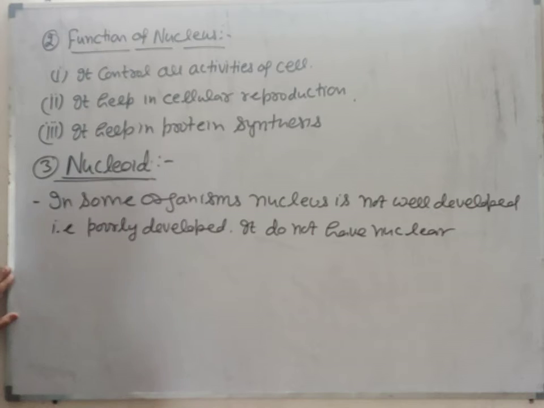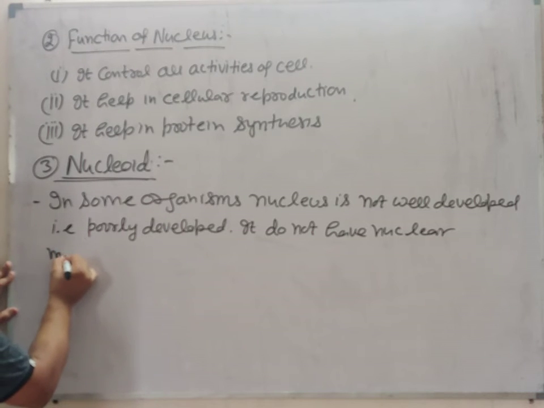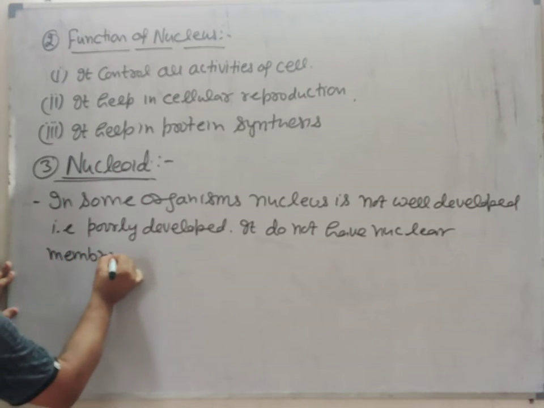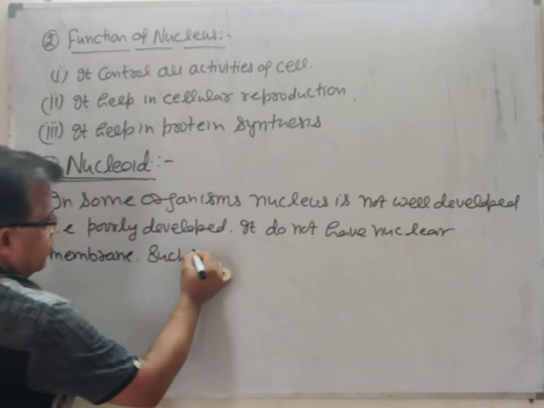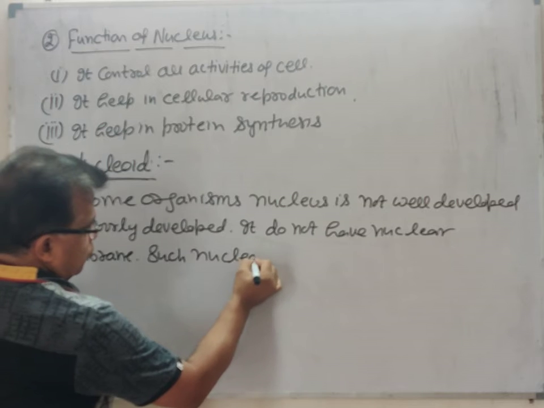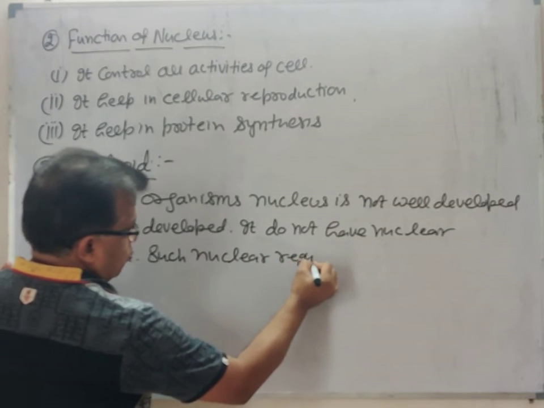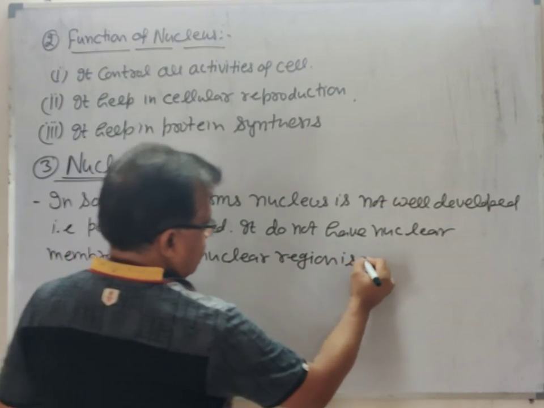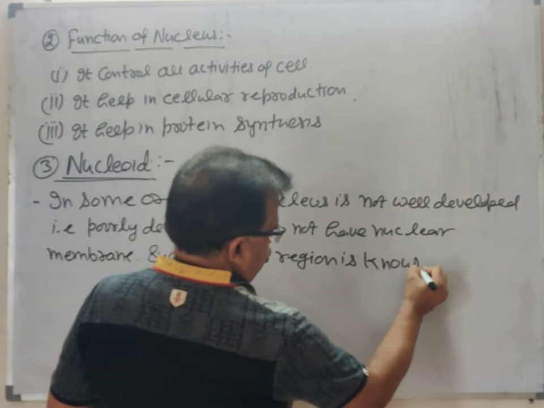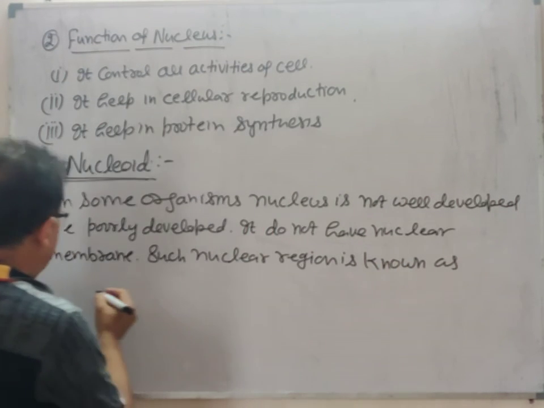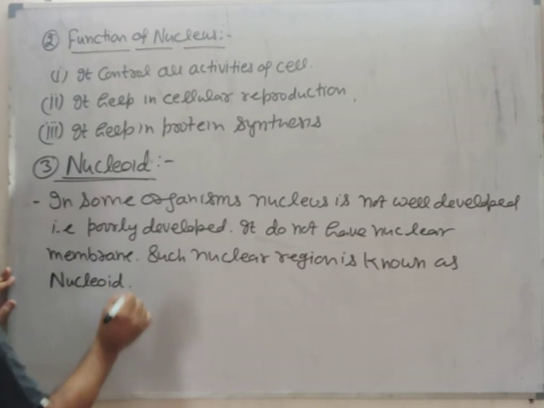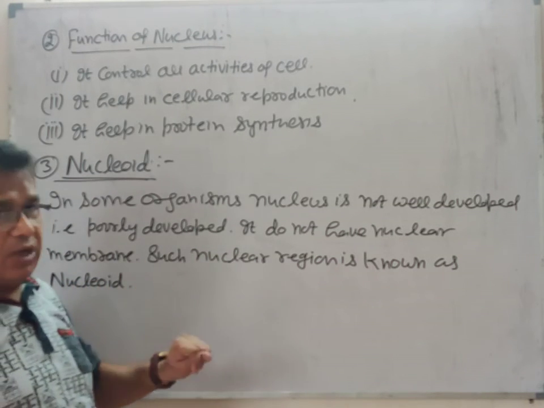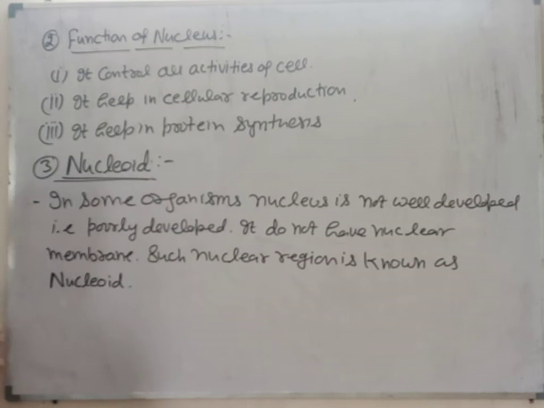Because it is poorly developed, therefore it does not have nuclear membrane. Such nuclear region is known as nucleoid. And if it is properly developed, that is it has a nuclear membrane, then it is known as nucleus. So this was all about the nucleus.